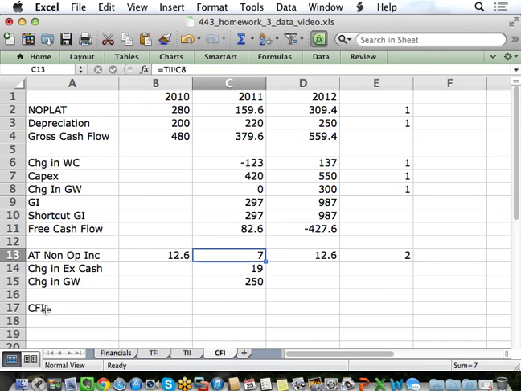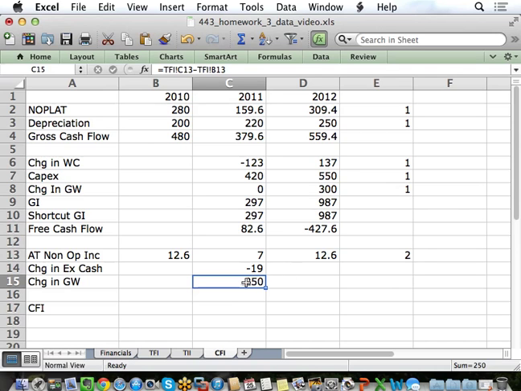So free cash flow, positive, adds to my CFI. After-tax non-operating income should add to my CFI, gives me more income to pay out. Increase in excess cash: if I take money out of my checking account and send it over to savings, that decreases the amount of money I have available to pay to my investors. So an increase in excess cash reduces my cash flow available to investors, and I have to flip the sign.